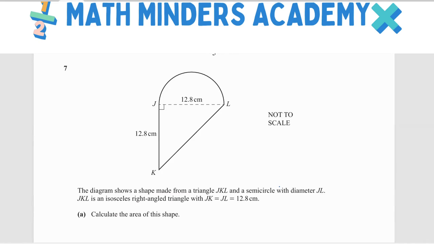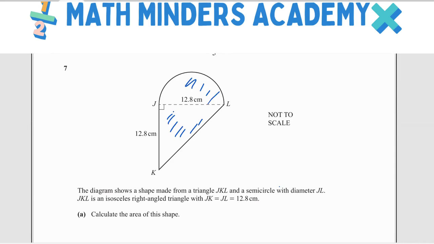So we need to find the area of this entire shape, the whole of this region and the whole of this region. So now, for us to get the area, first we know that this is a semicircle. There is a right-angled isosceles triangle and a semicircle. So let's take it one after the other.